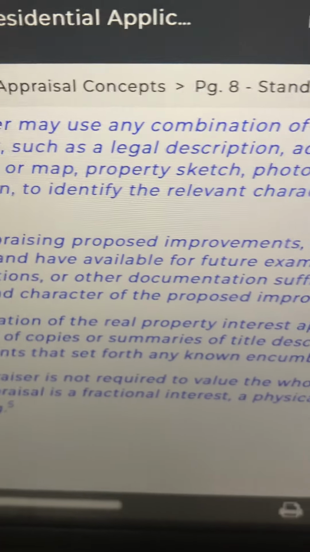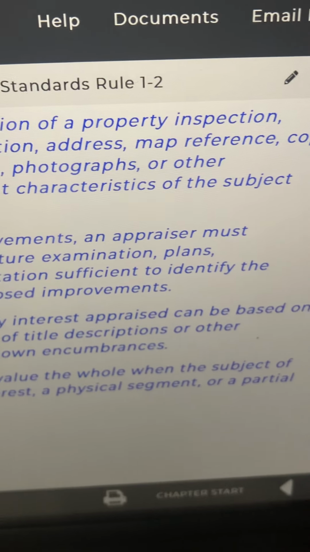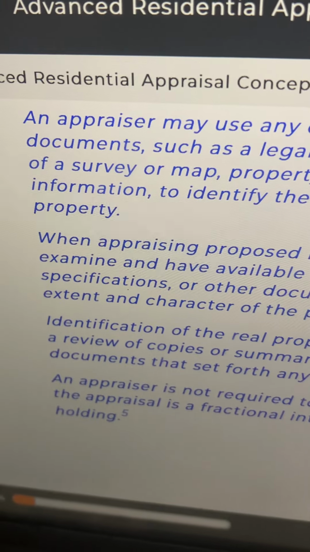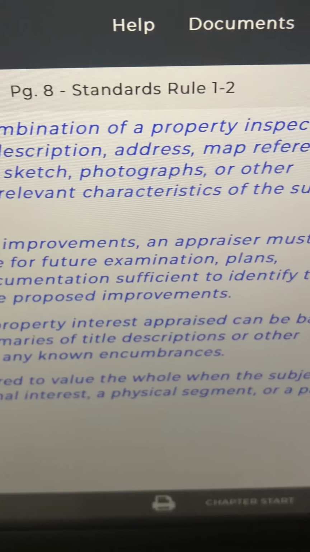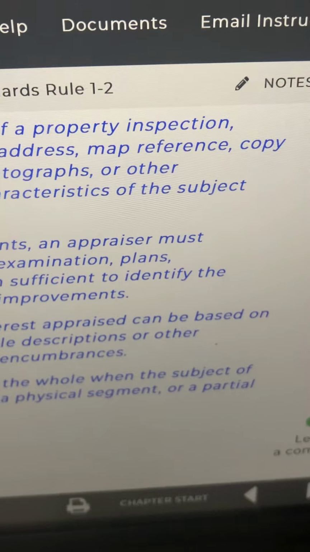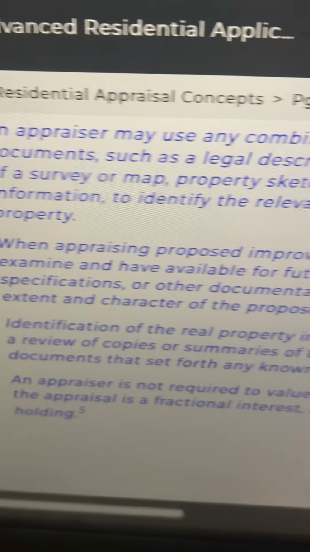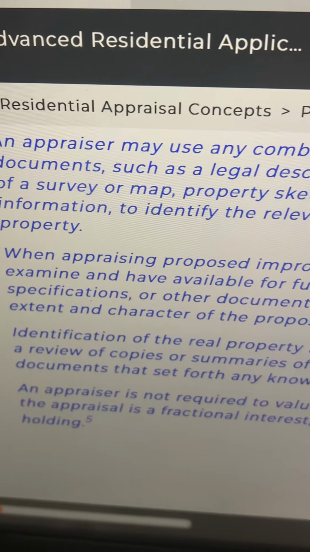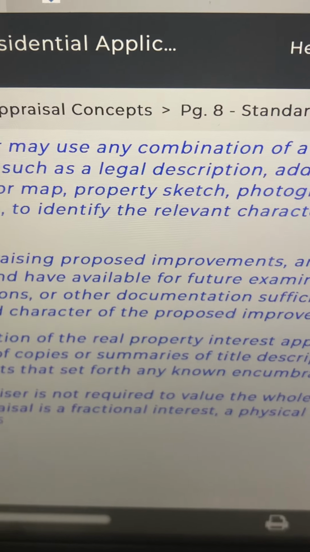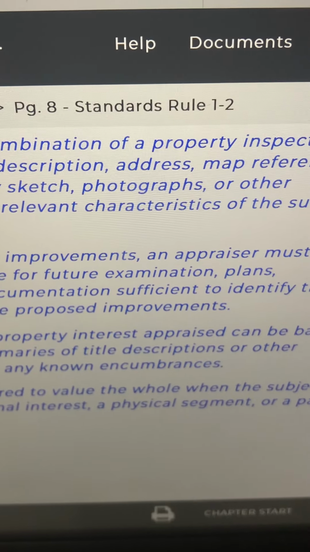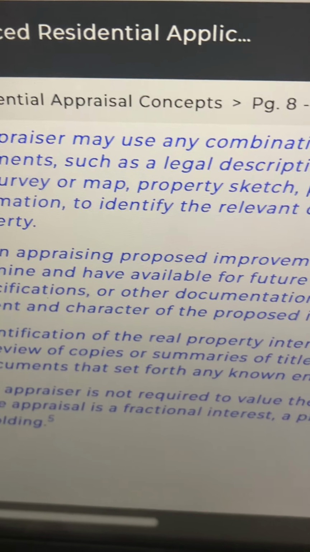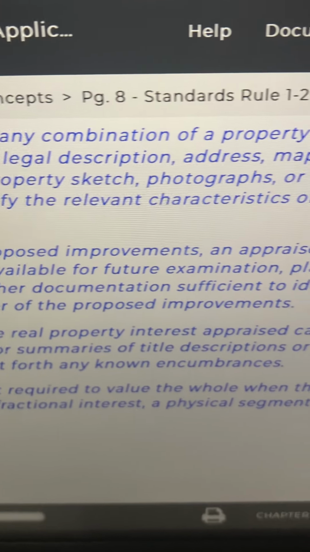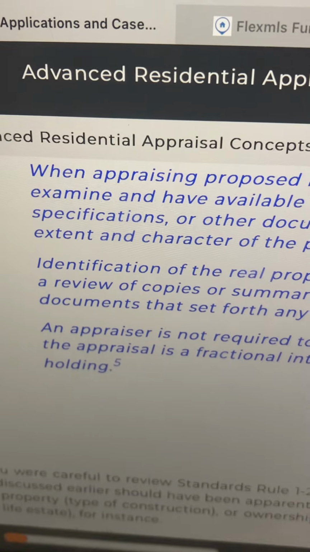An appraiser may use any combination of a property inspection, documents such as a legal description, address, map reference, copy of a survey or map, property sketch, photographs, or other information to identify the relevant characteristics of the subject property.